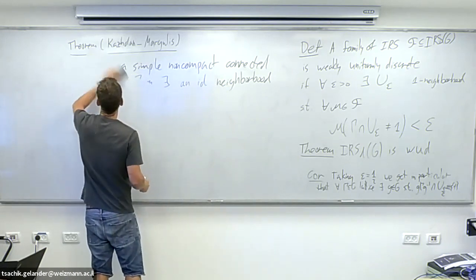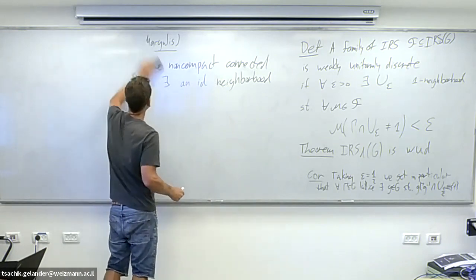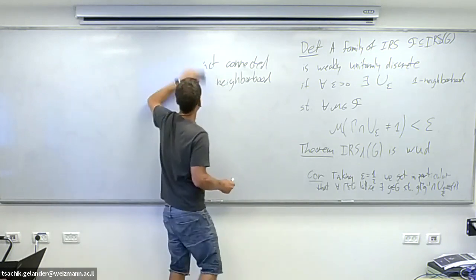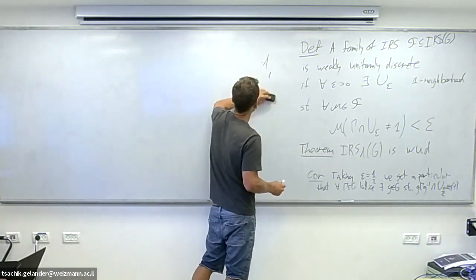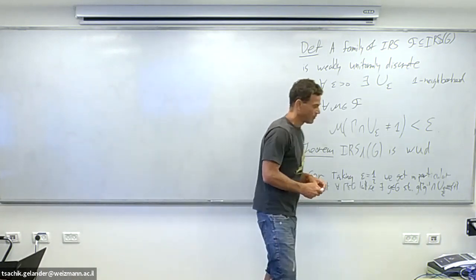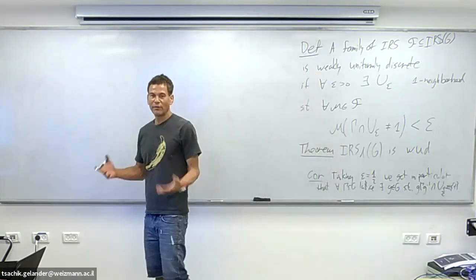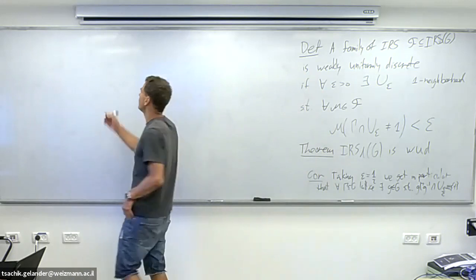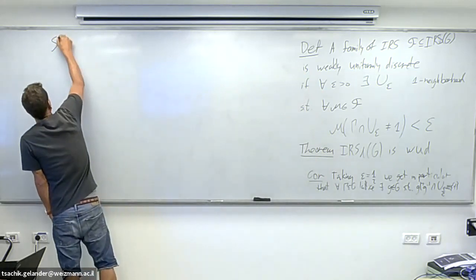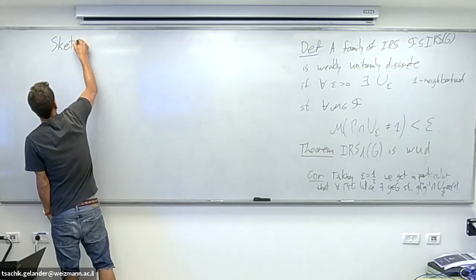And I claim that it's a straightforward consequence of the compactness of the space of discrete IRS. So here is the sketch proof. Let me first give a sketch proof, and then the proof, because the sketch proof is maybe easier to understand the intuition.